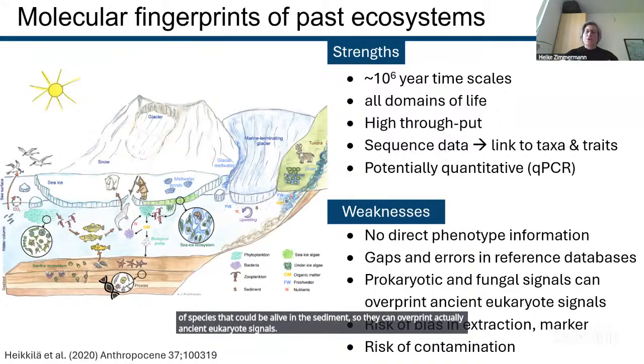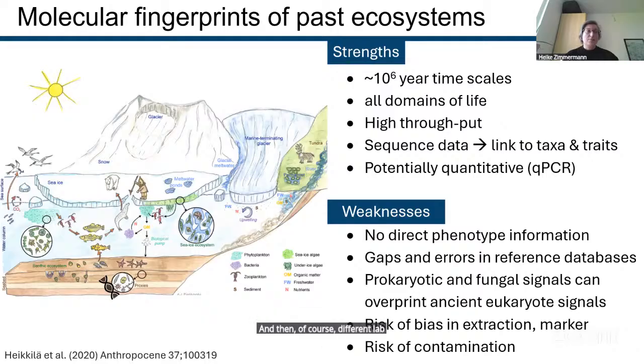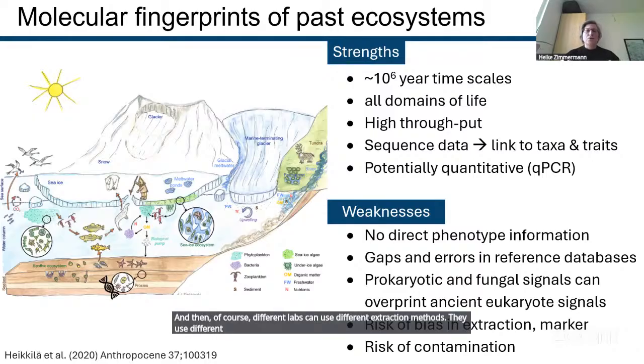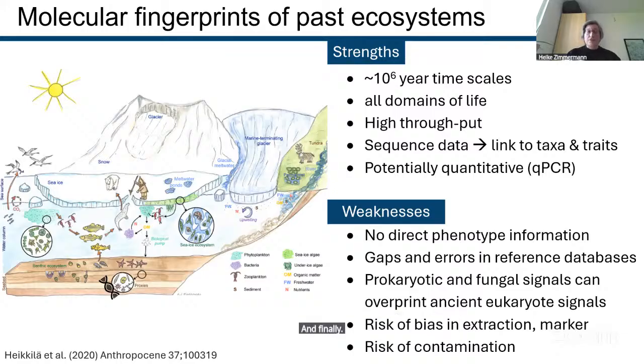And then, of course, different labs can use different extraction methods and different markers. So there's really also a bias if you want to compare data sets that were generated in different groups. And finally, we have a big risk of contamination, and this contamination risk accompanies you through every step of the lab.